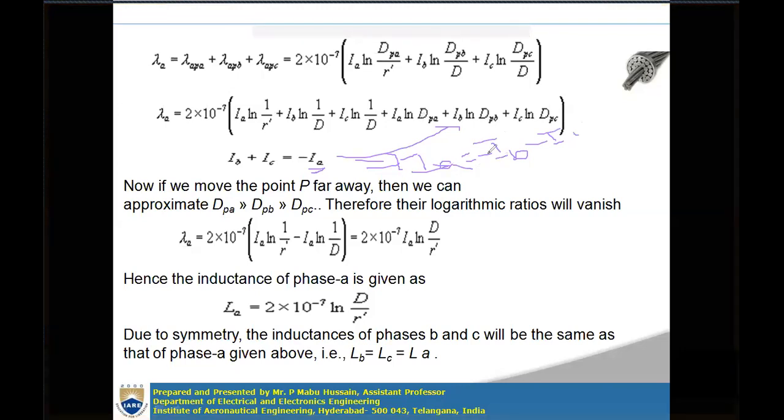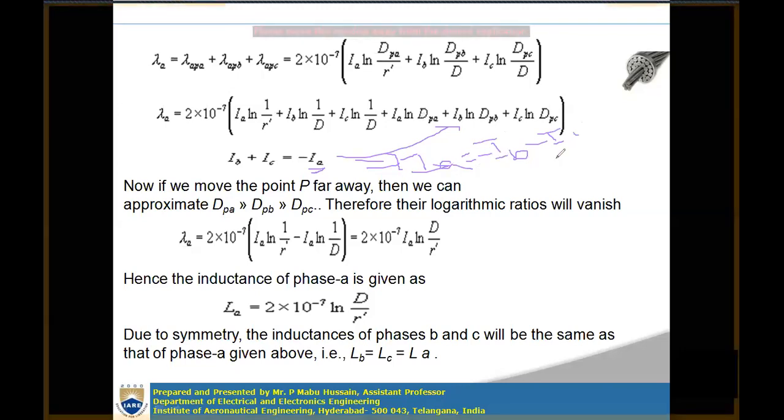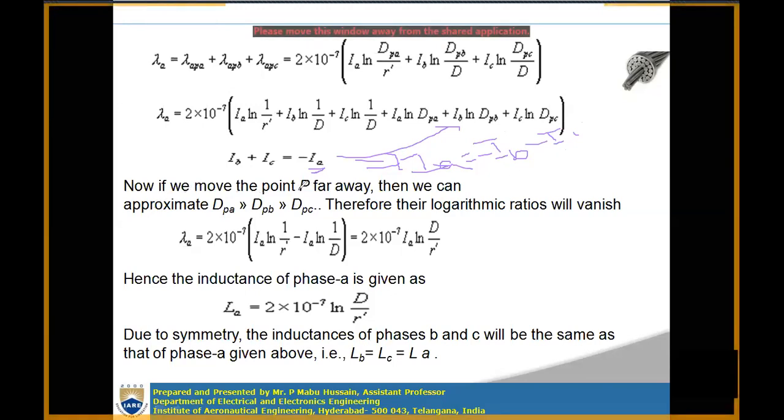In place of IA, you substitute minus IB minus IC. Now if we move the point P far away, up to infinity, what happens to the distances dPA, dPB and dPC?